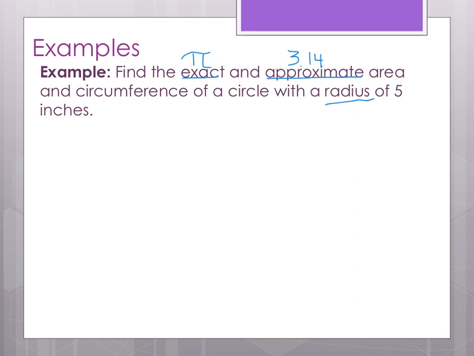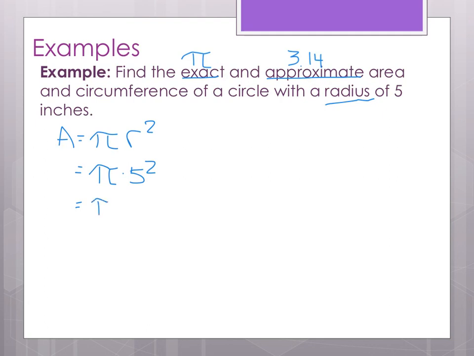We know that area equals pi times the radius squared. Okay, and we'll start off by calculating the exact answer. So this is going to be pi times the radius of 5 squared. 5 squared is 25.